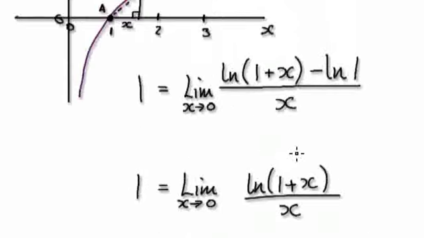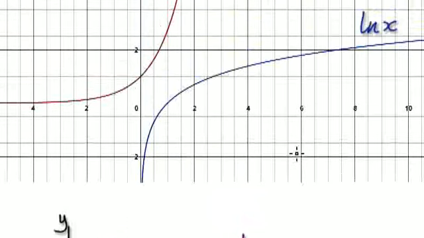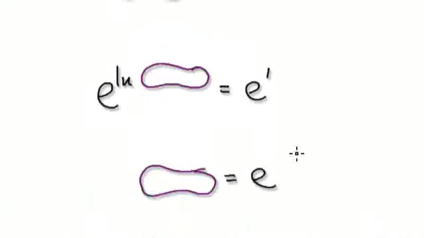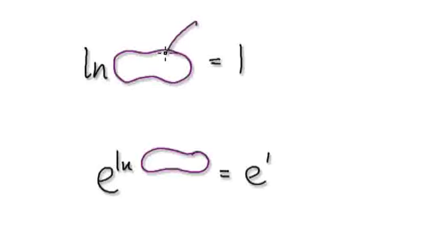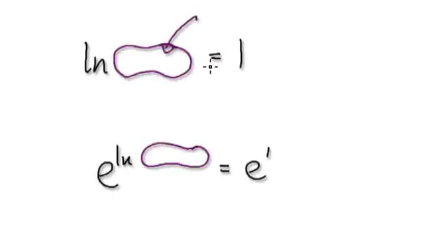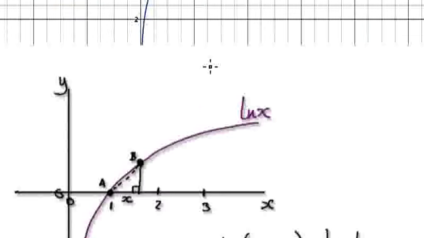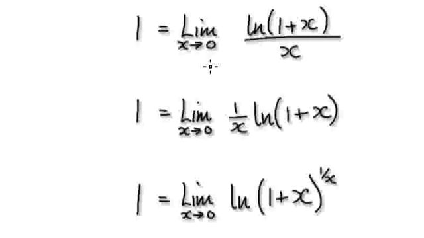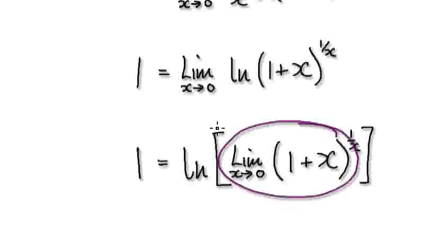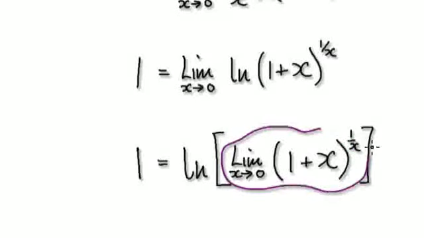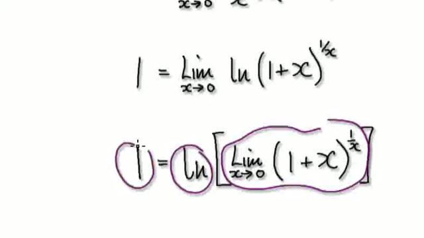So right from the start, we said that if you can find something that when you natural log it, it gives you 1, then you pretty much have yourself E. So going back down here, we found something that when you natural log it, it gives you 1.